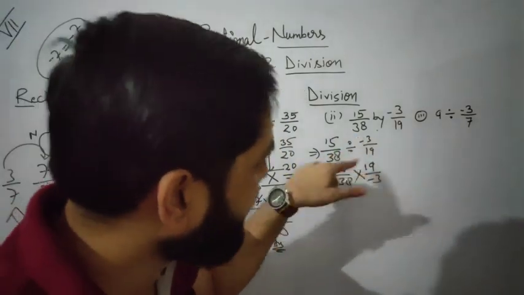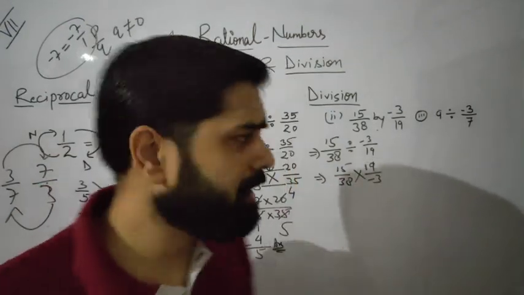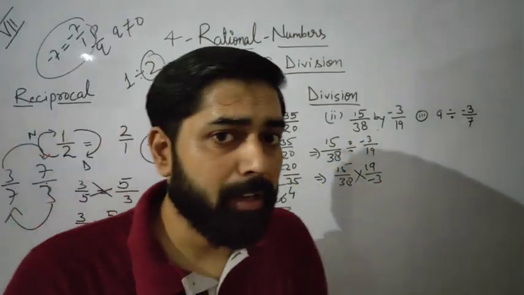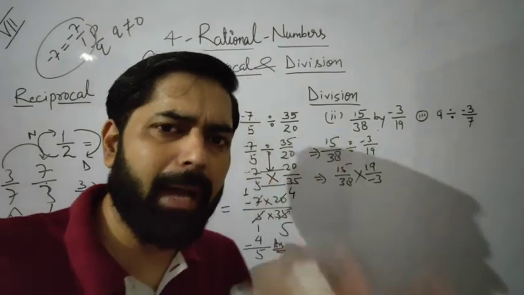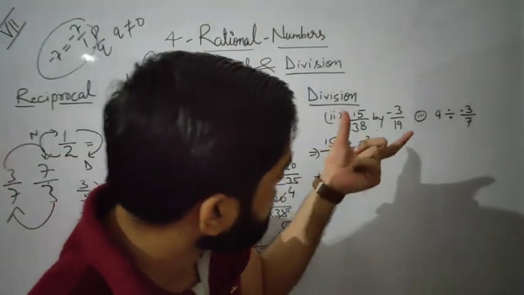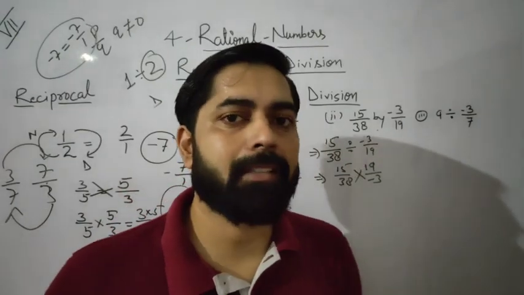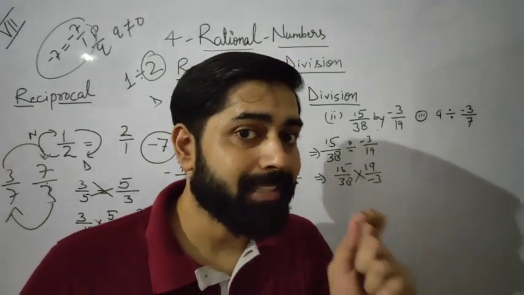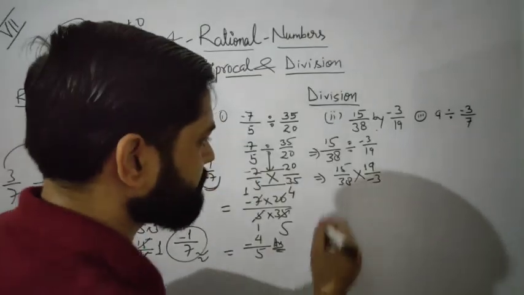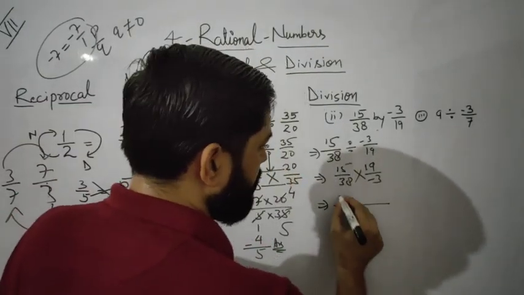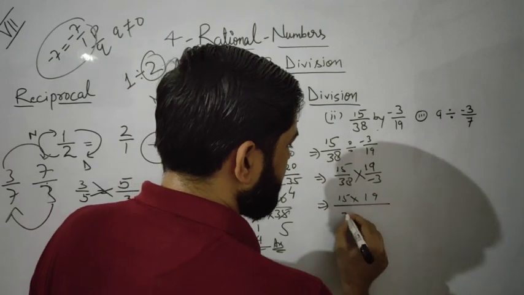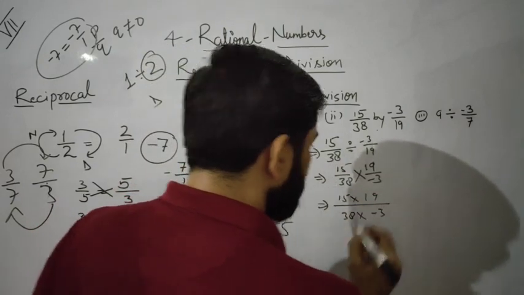The minus will come down along with it. We cannot write only the 3. This is minus 3. So when we write the reciprocal of the second fraction, if it is given with a minus, we write the number with its sign. Then look here, by the multiplication rule, 15 multiplied by 19, 38 multiplied by minus 3.